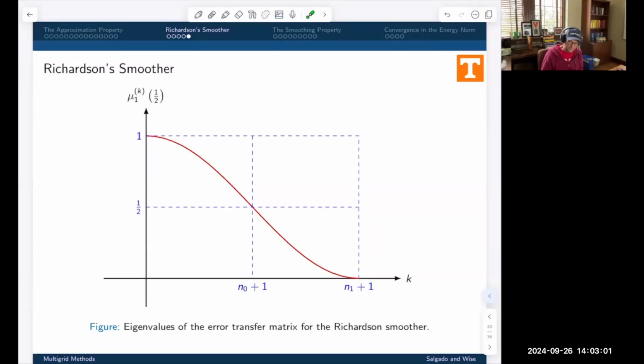But the good news is what we're showing now is that these eigenvalues from n0 plus 1 up to n1 are all less than a half and greater than 0. Well, not in absolute value, in actual values, but in absolute values, what's important here is that all of them are less than a half.